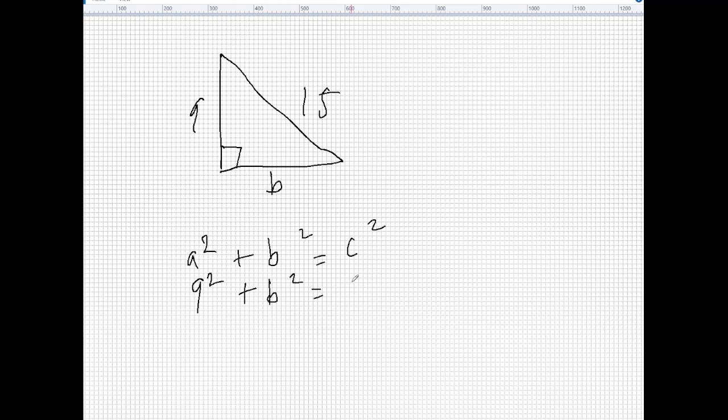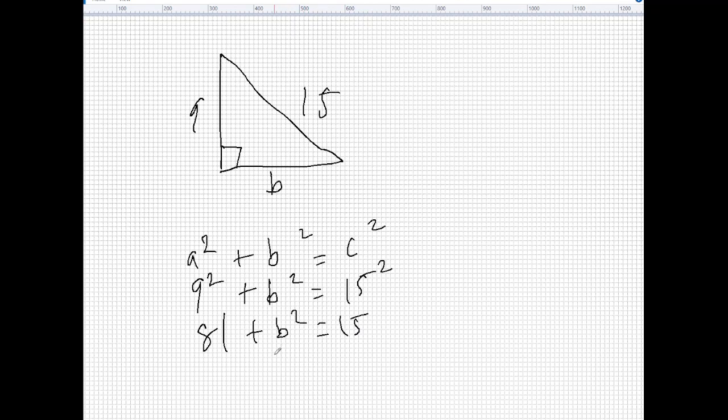Unlike the former exercise, we know the length of the hypotenuse, and we know the length of one of these two sides. So we're going to find the length of the other side, and 9 raised to power 2 is 81, plus b squared equals 15 squared.